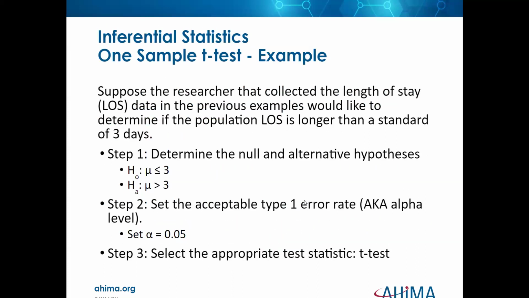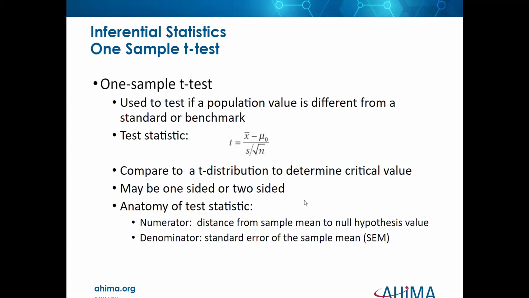And so what we do here is we have two different types of samples. We have a one sample t-test to see if the population value is different from a standard or a benchmark. And then we can compare it to a t-distribution to determine the critical value. And it could either be one-sided or two-sided.